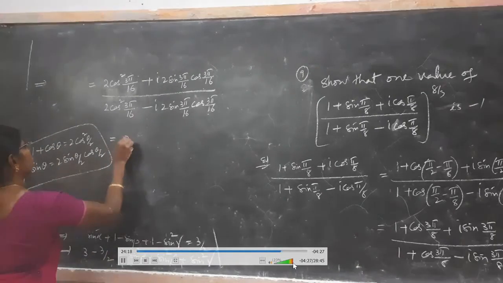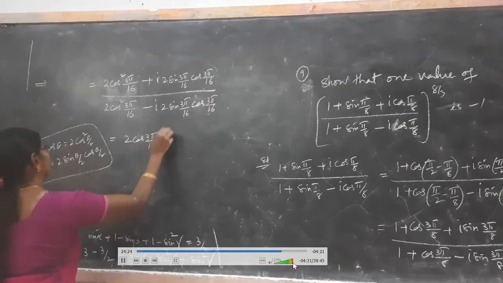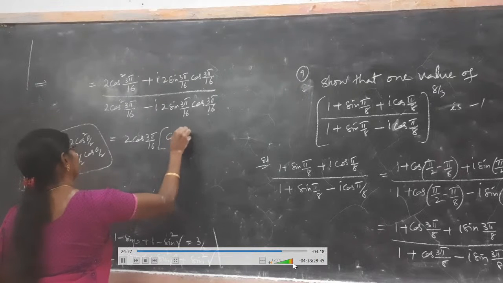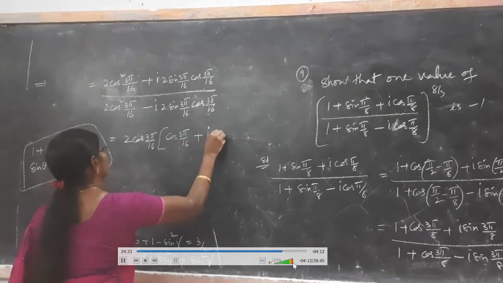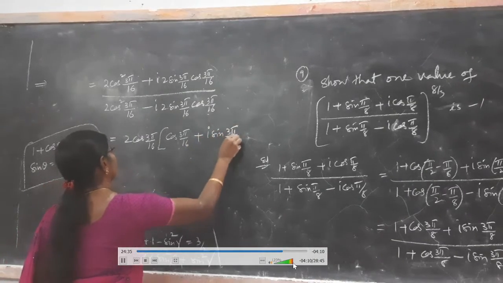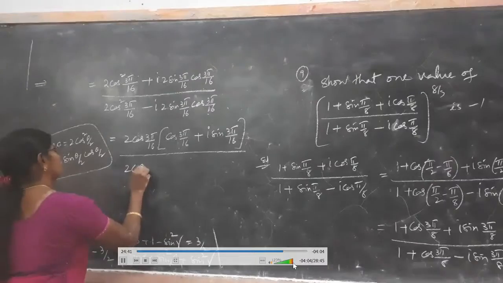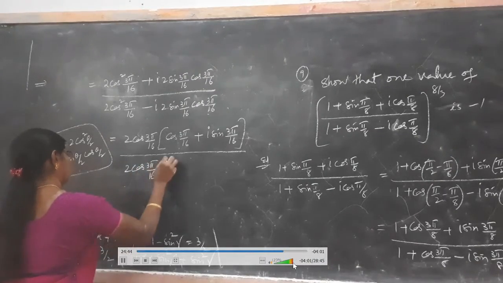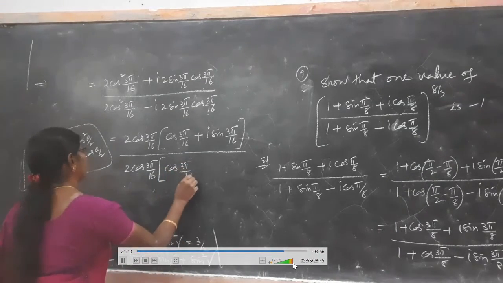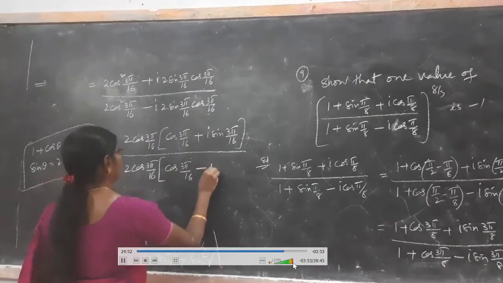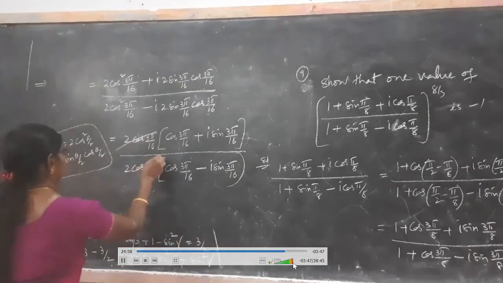Take the common factor. In the denominator also, take out 2 cos 3 pi by 16, so cos 3 pi by 16 minus I sin 3 pi by 16. So this term will get cancelled.